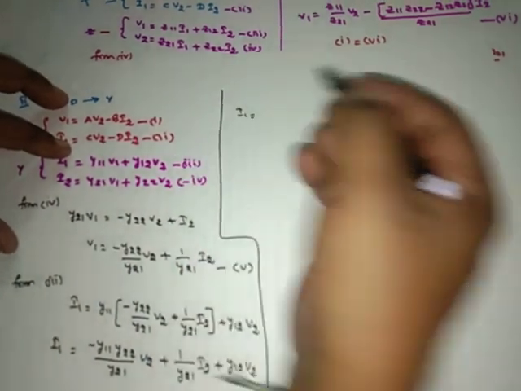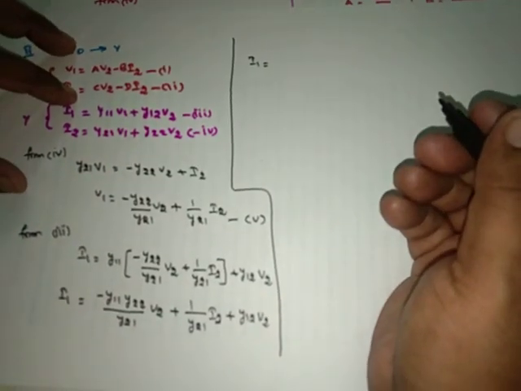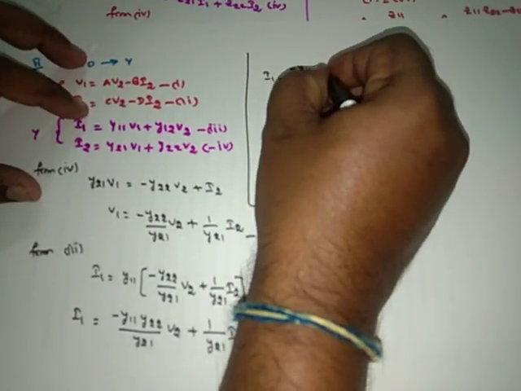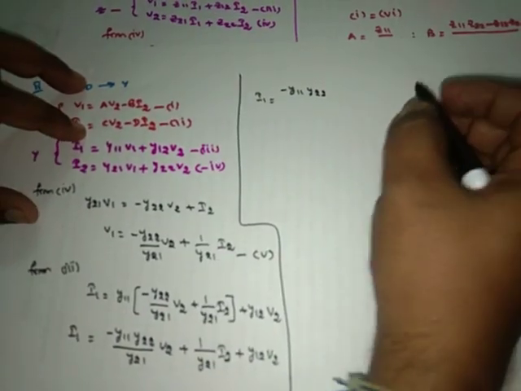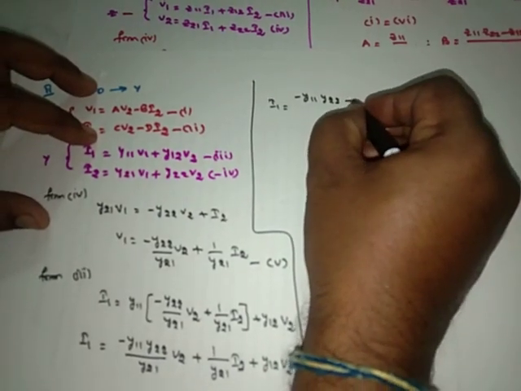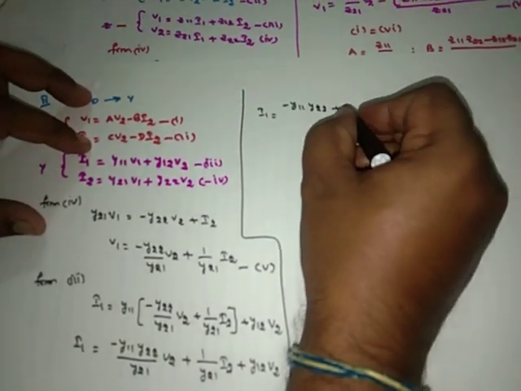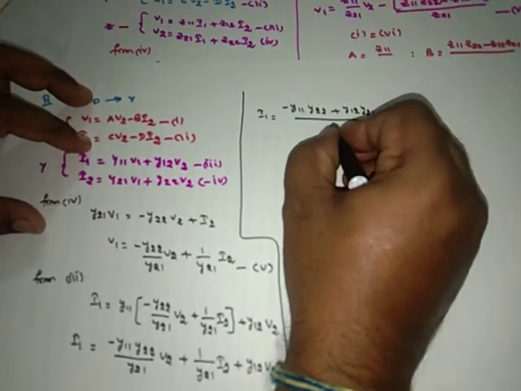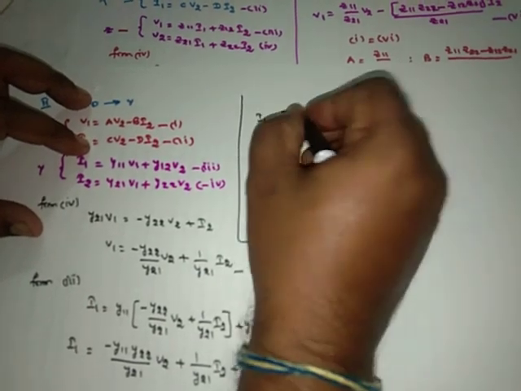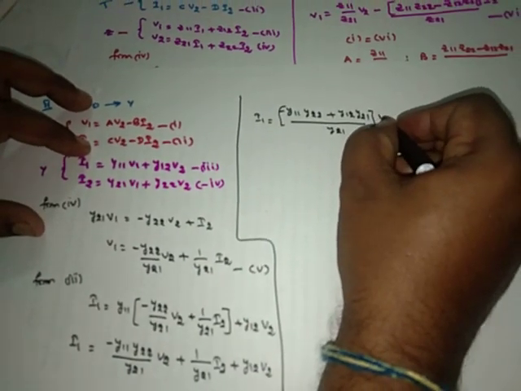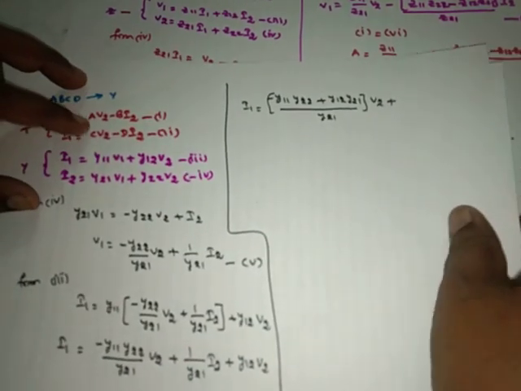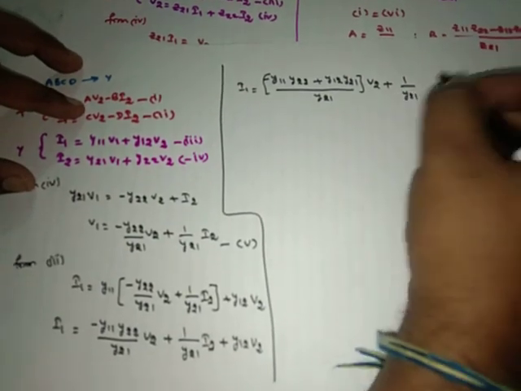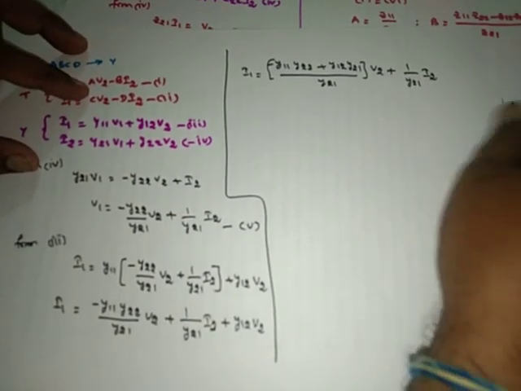Now I1 is equal to minus Y11 Y22 plus Y12 Y21, by Y21, into V2, plus 1 by Y21 I2.